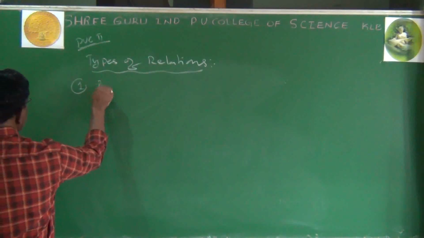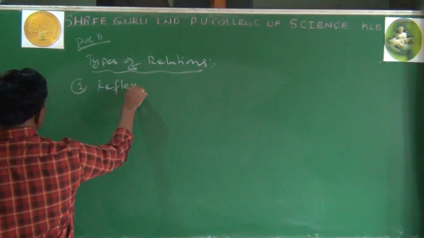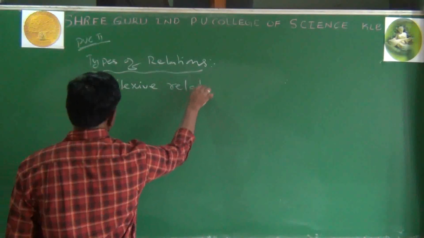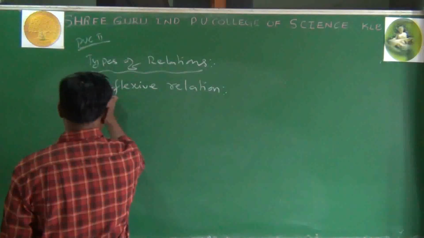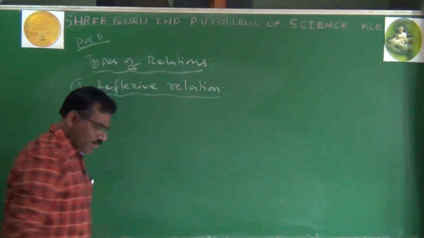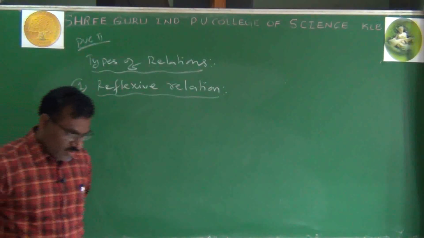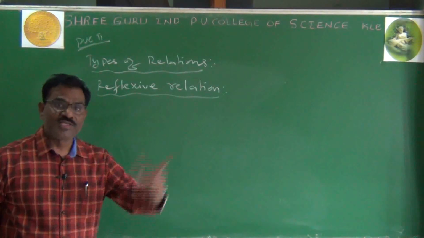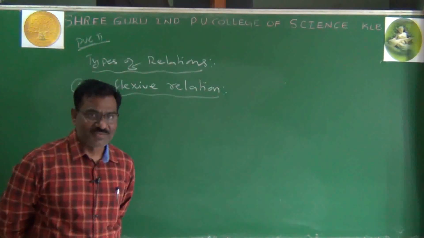The first one is reflexive relation. What is a reflexive relation? Types of relations are only on a set, where only one set is given, not two sets.